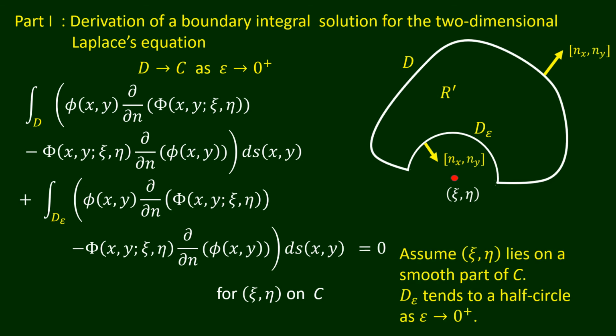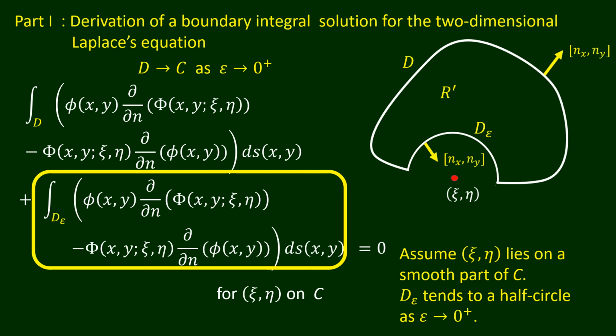Assume that the point (xi, eta) lies on a smooth part of C. In working out the integral over the curve D epsilon, we are integrating over a half circle, if we let epsilon tend to 0 plus. Hence, the integral over D epsilon tends to minus half phi(xi, eta), as epsilon tends to 0 plus.